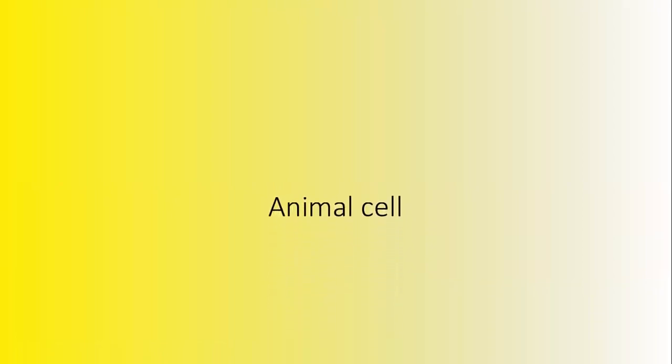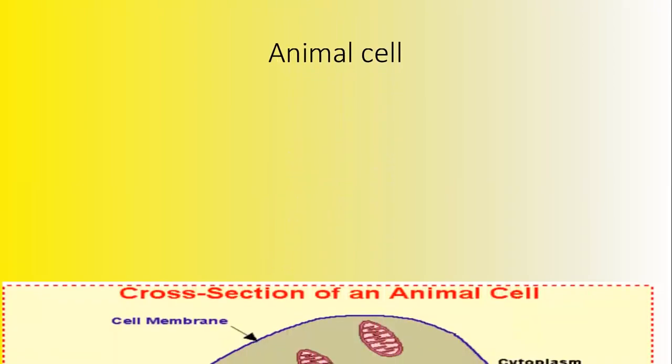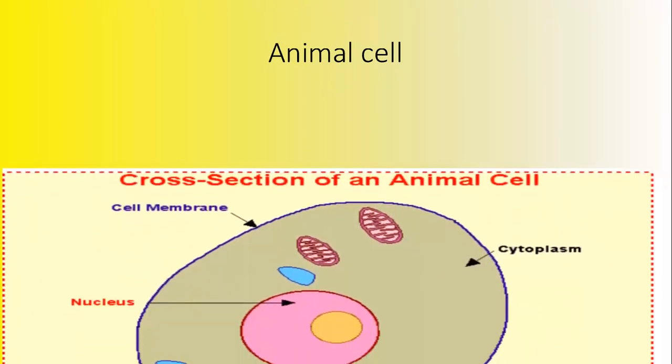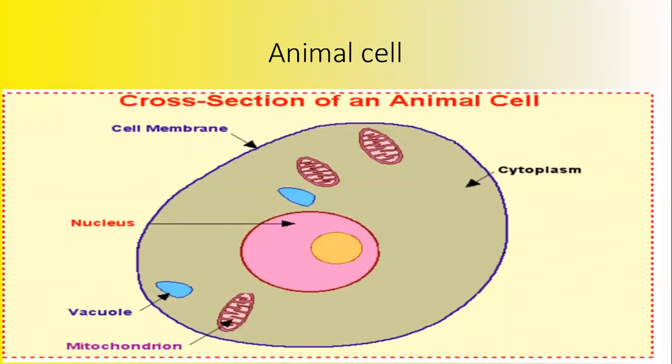The animal cell in the diagram consists of cell membrane, nucleus, vacuole, mitochondria, cytoplasm.